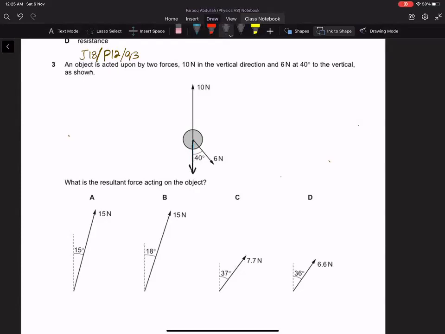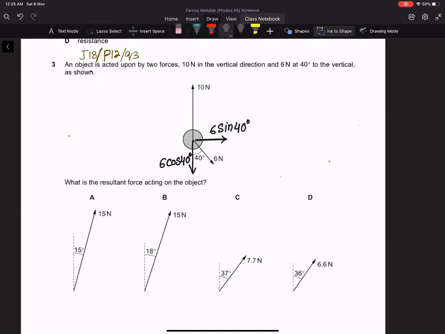So, if we find components of 6, one of the components will be 6 cos of 40, and the other component will be 6 sine of 40.